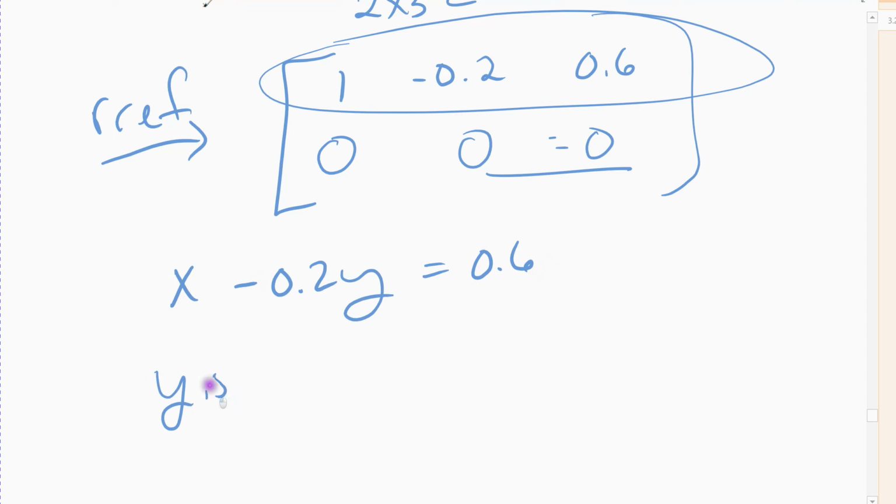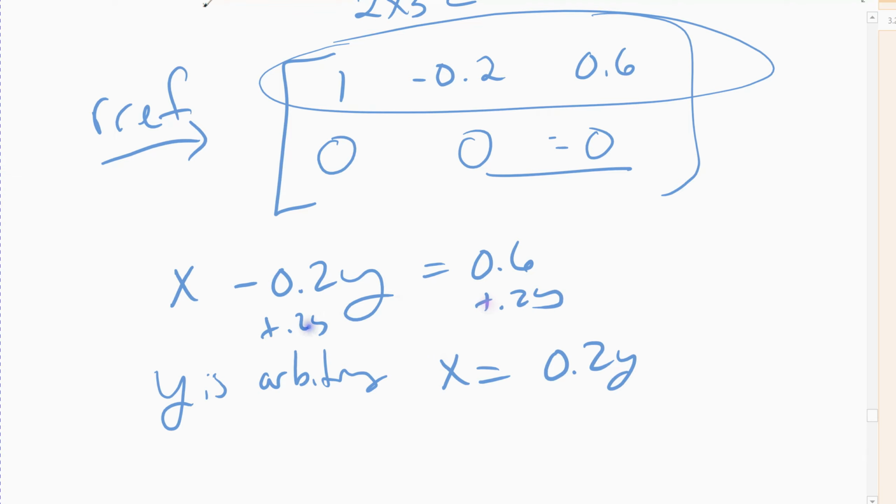So y is the arbitrary variable because I can solve for x. When I solve for x, I just move that 0.2y to the other side, so x equals positive 0.2y, right, because I add it to the other side. Plus 0.6, alright, so there's what x has to be.